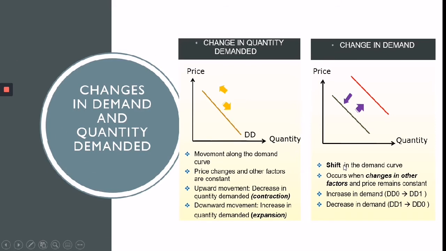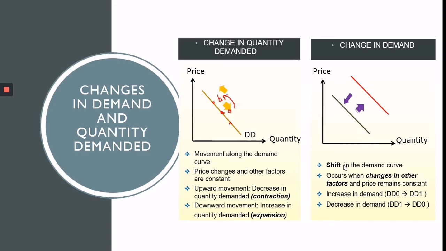For example, at point A, and here is point B. This is what we call an upward movement from point A to point B. This is known as decrease in quantity demanded, or also known as contraction in demand.